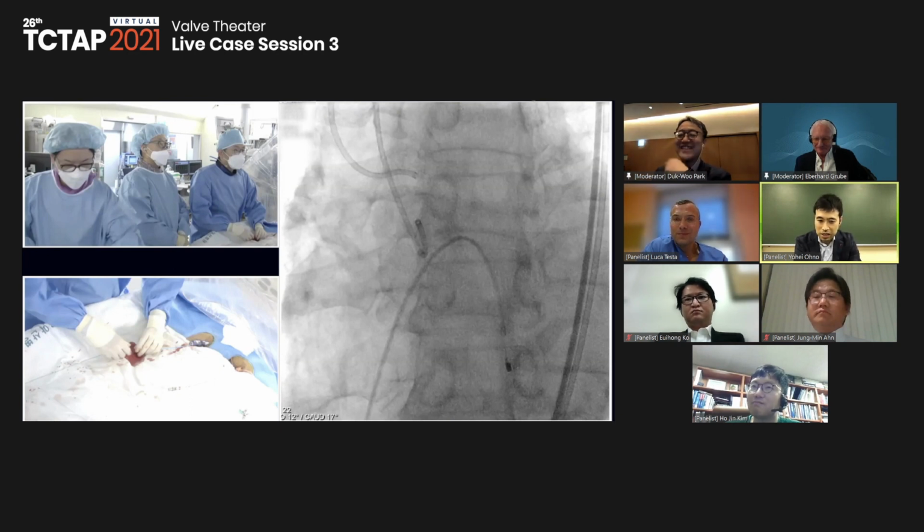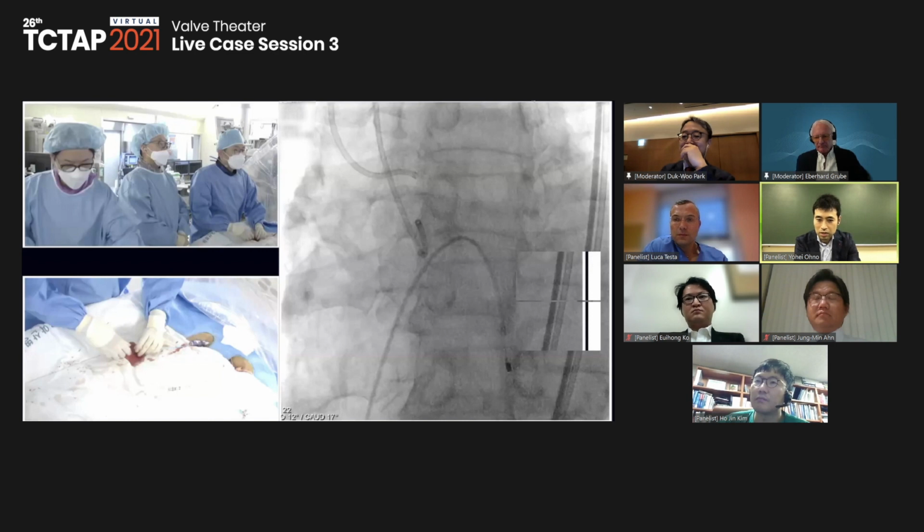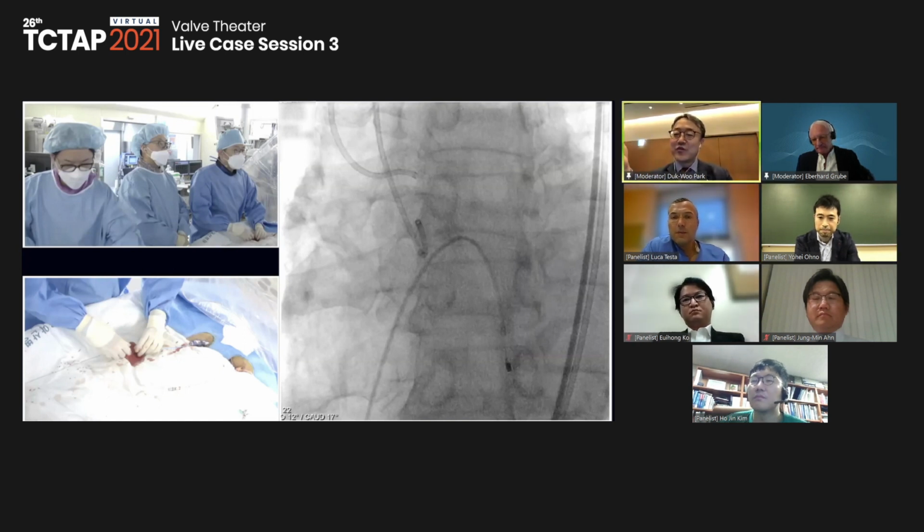So we need to consider a second valve, especially for younger patients. And as you may know, our patients have quite small sinus of Valsalva. So the second valve, TAV in TAV, could be a problem for coronary access in some specific patients. So basically, we made the cutoff of 75. 75. How about Luca Testa?